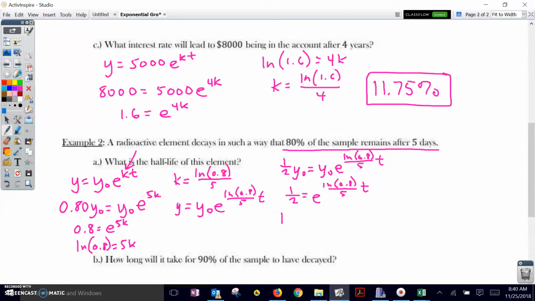Take the natural log of both sides. And then isolate our t by multiplying by the reciprocal of what's there. So t is going to be 5 times the natural log of 1/2 divided by the natural log of 0.8.